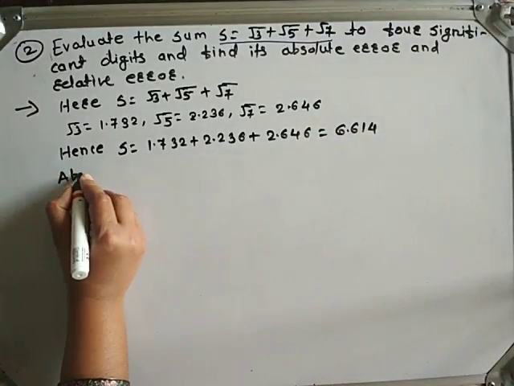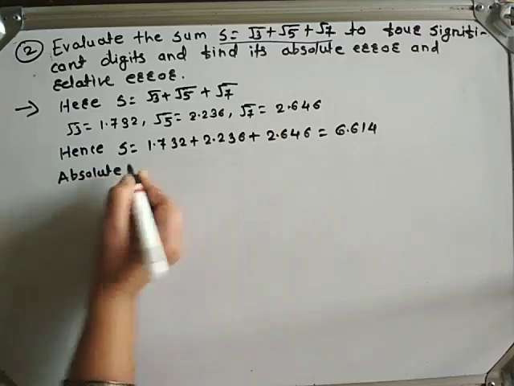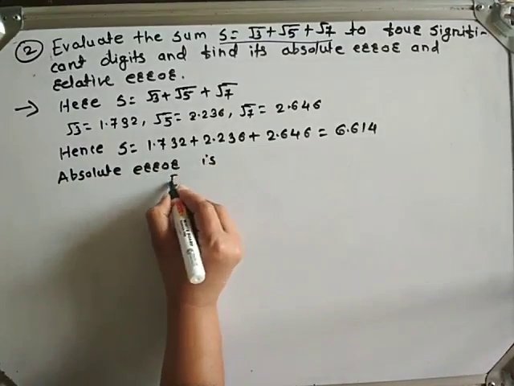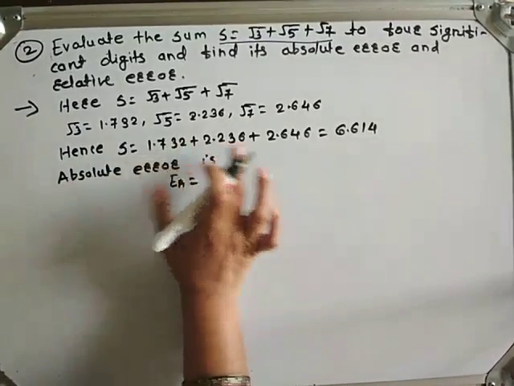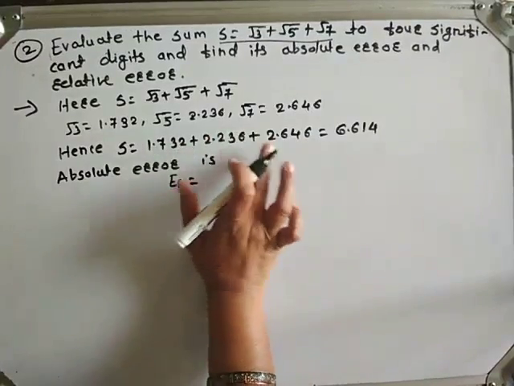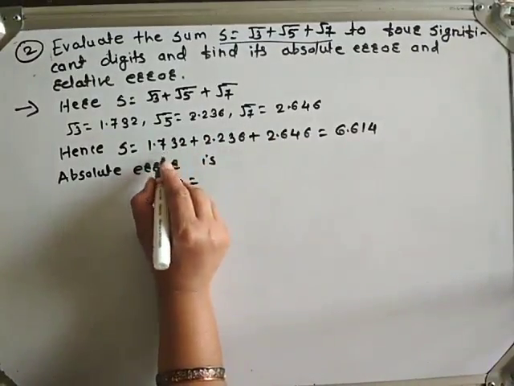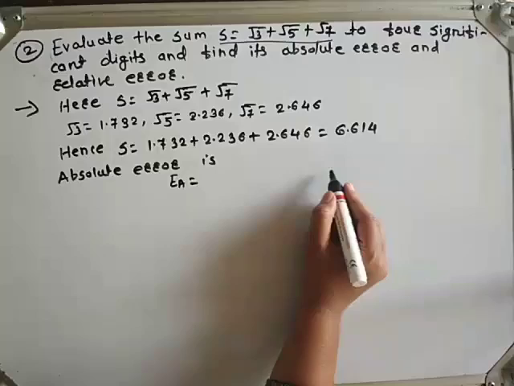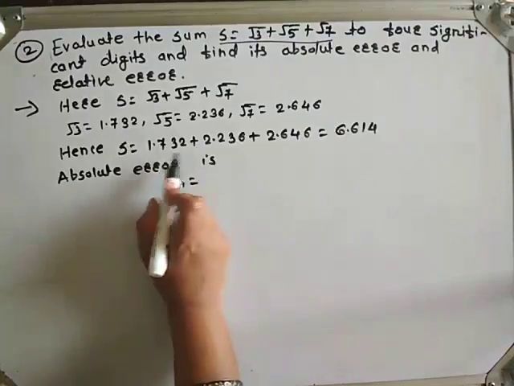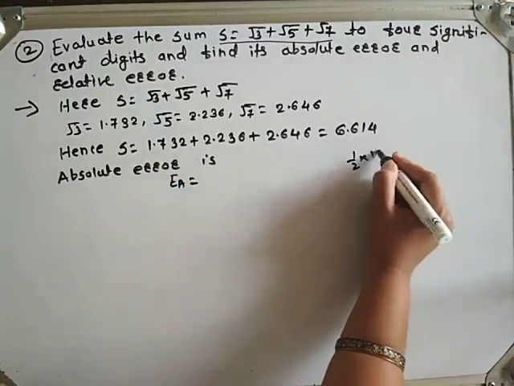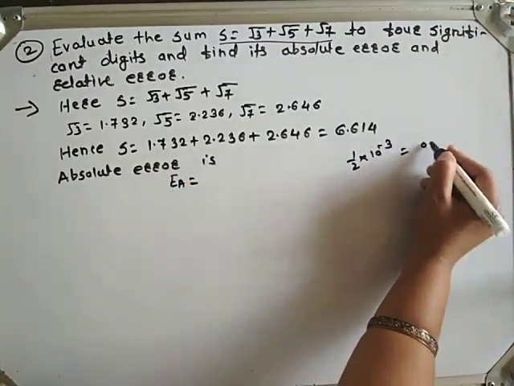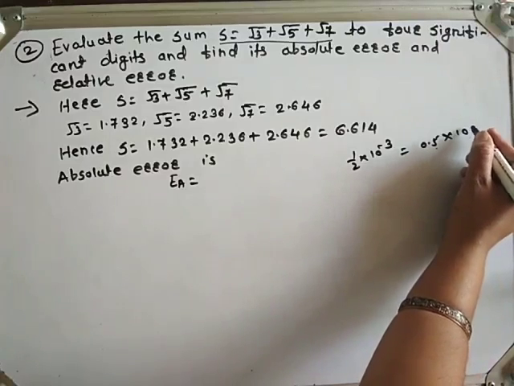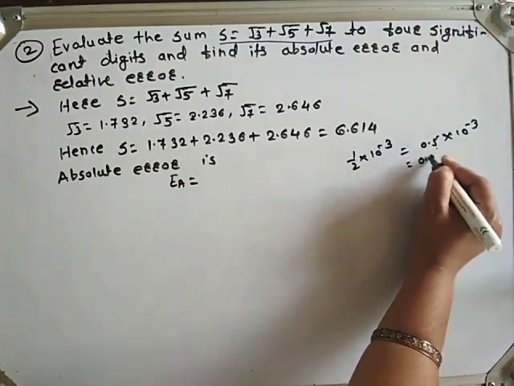Absolute error EA is equal to, we have to find absolute error in these three numbers. See here, this first number is rounded to 3 decimal places, therefore absolute error in this number is 1/2 into 10 raised to minus 3, which is equal to 0.5 into 10 raised to minus 3, which is equal to 0.0005.